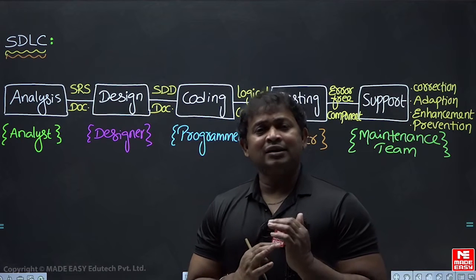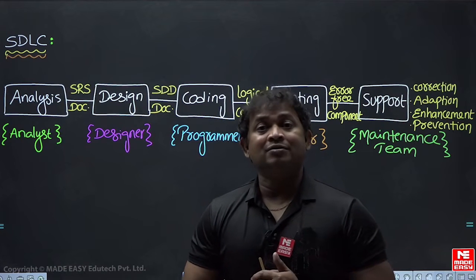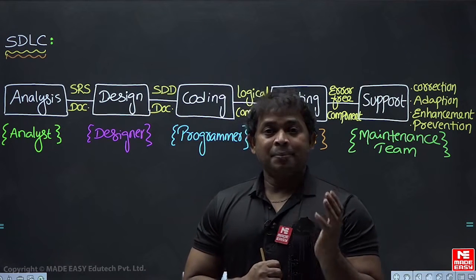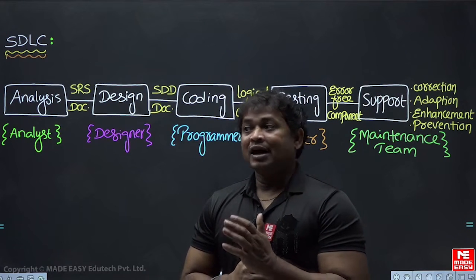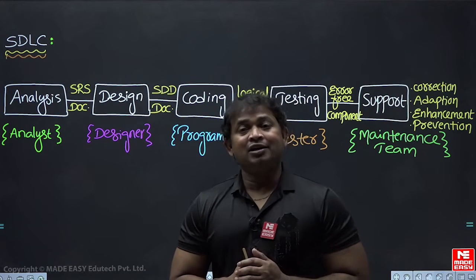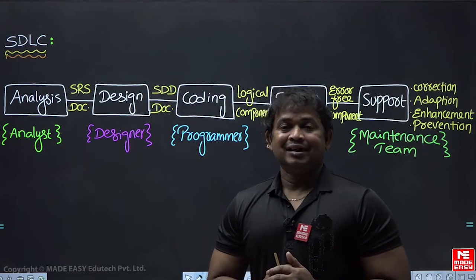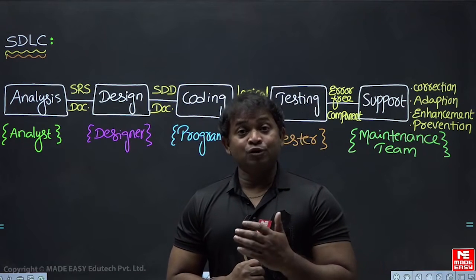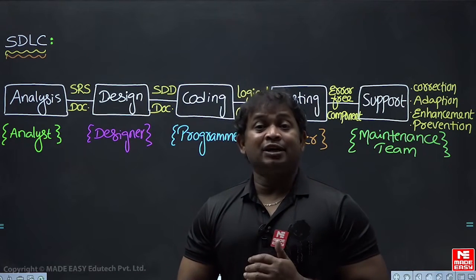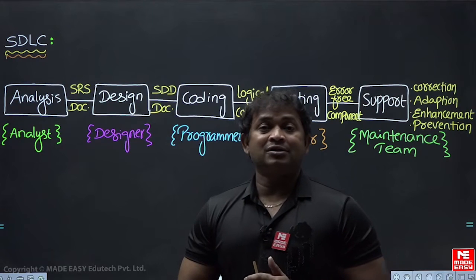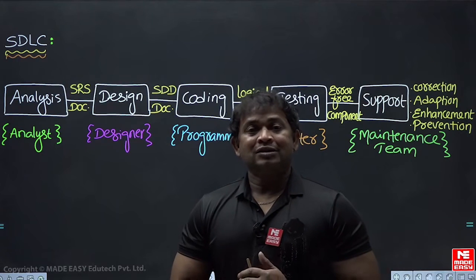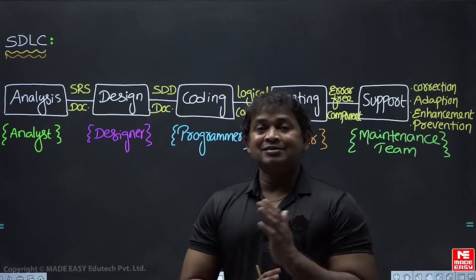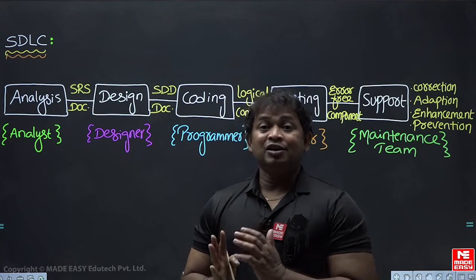The SRS document is a plain English document. So the designer takes the plain English document and translates it into a technical document. In that technical document, data structures are present, flow charts, data flow diagrams, ER diagrams, and so on. So simply, the plain English document is translated into a technical document.